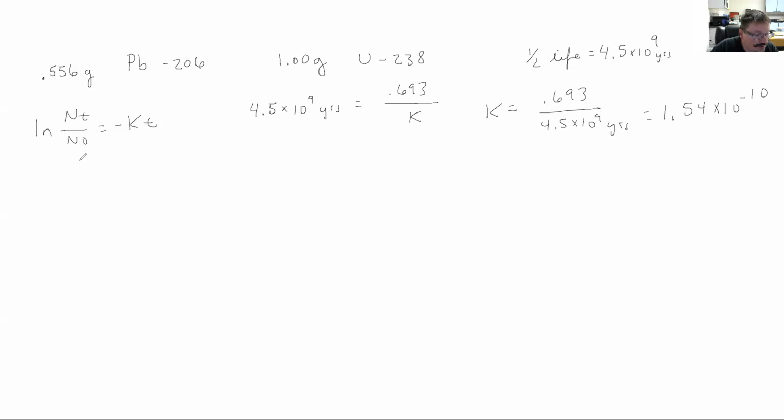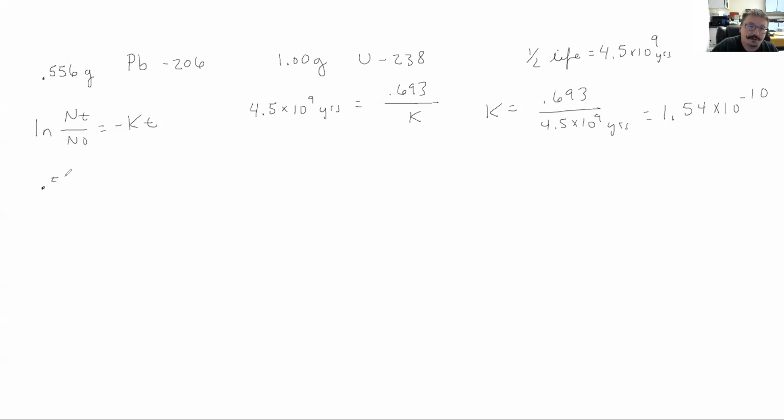Okay, so now what we need to do is figure out our ratio of N_t to N_0. We know every single atom of uranium-238 that decayed got converted to lead-206. But we just have mass ratios, and remember, we can't compare masses, but we can compare moles.